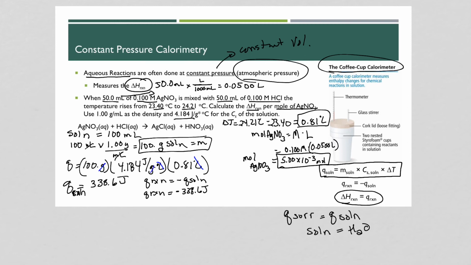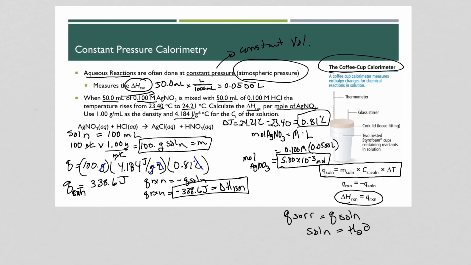And since enthalpy equals Q of reaction, that means the enthalpy of reaction must also equal negative 338.6 joules. Okay. Now, the last part is that's how much is given off in this particular experiment.